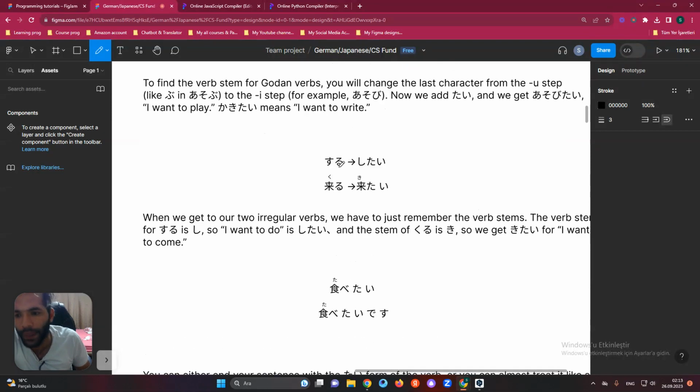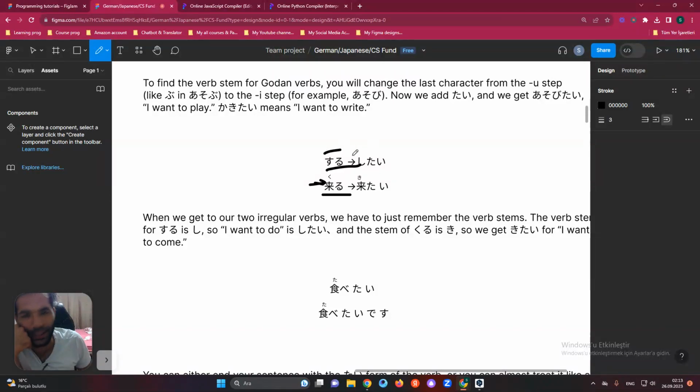Now, as you see, we have suru and we have kuru. Two things. Again, this kanji here, you can just think this is kuru, okay? You don't need to focus on that. You can remember it because it's like a mosquito or Spider-Man or spider. We have here suru and here kuru.